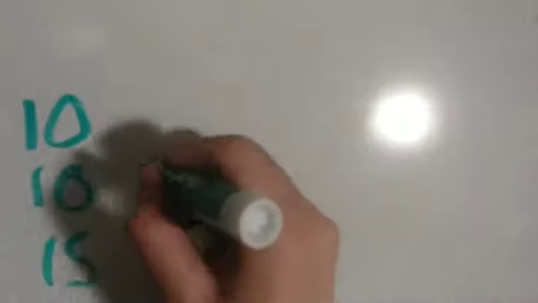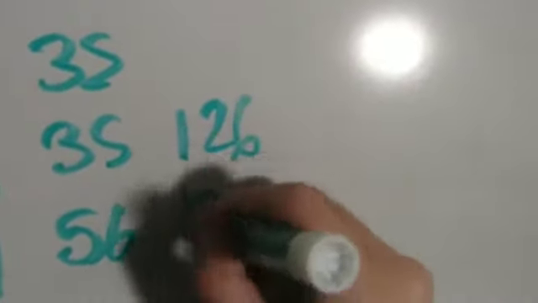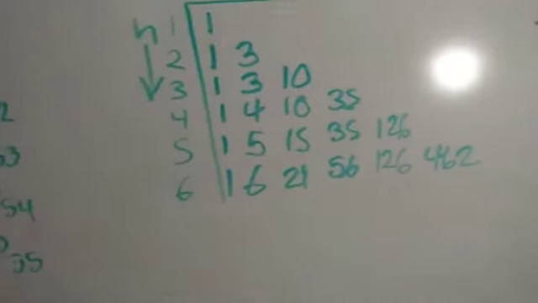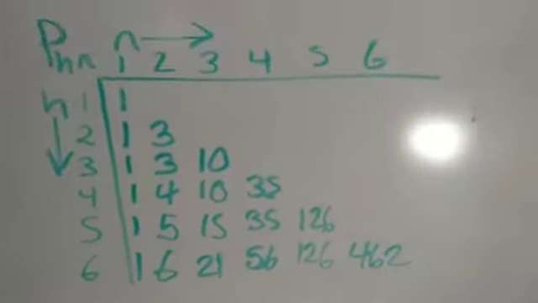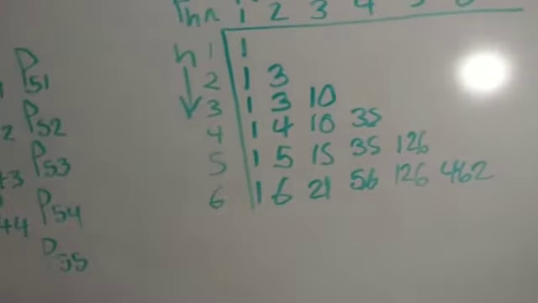This one goes 35, 35, 56. This one goes 126, 126. And this one goes 462. Now I could go on forever. Why would I? They are interesting sequences, but I'm not that obsessed with them.